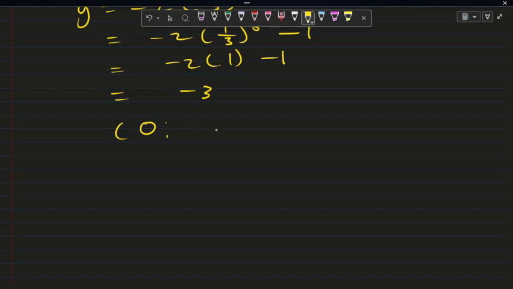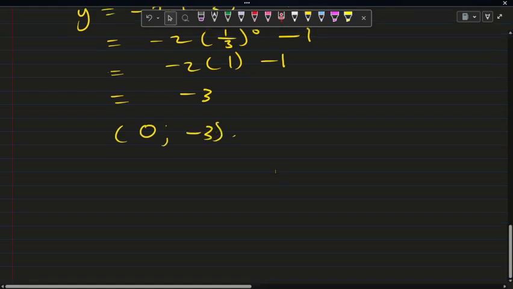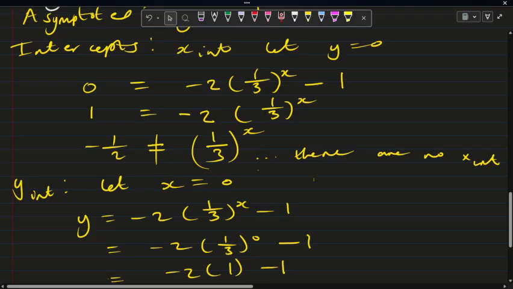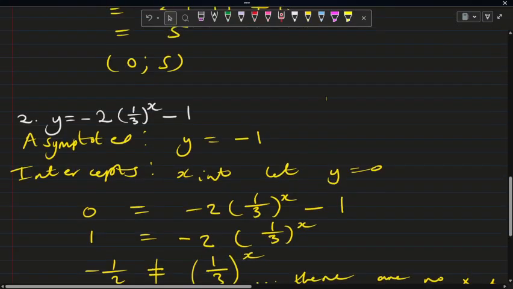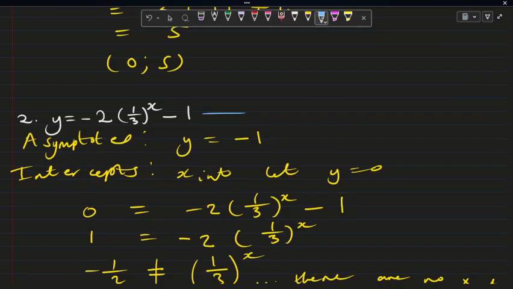And we can conclude that the coordinates of the y-intercept is x is equal to 0 and y is equal to minus 3. Okay, so we have the y-intercept, we have the asymptotes. Now let's figure out the shape of our graph. We know that these graphs are given by y is equal to a times b to the power of x plus q.